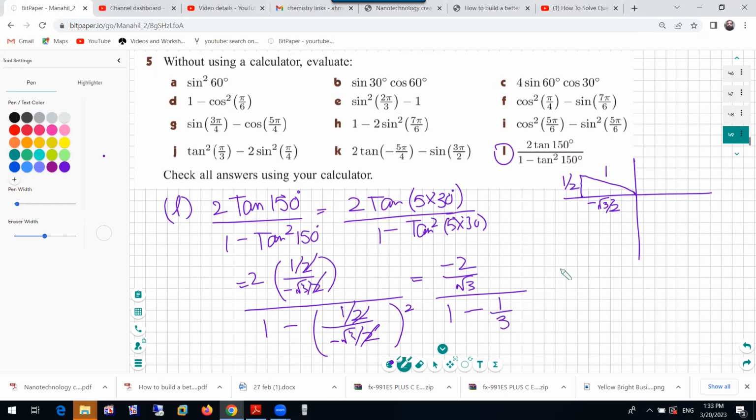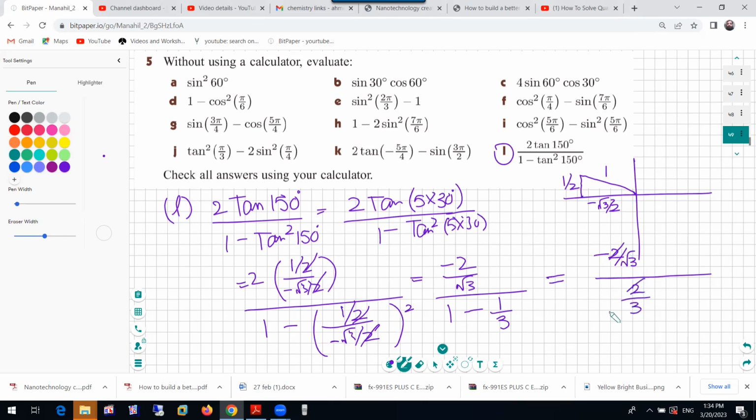So negative 2 over square root 3, and this will be 1 minus 1 over 3, which will be 2 by 3, right?